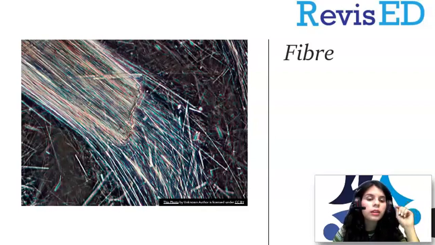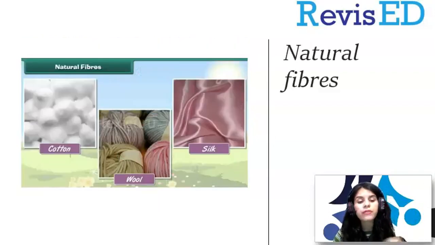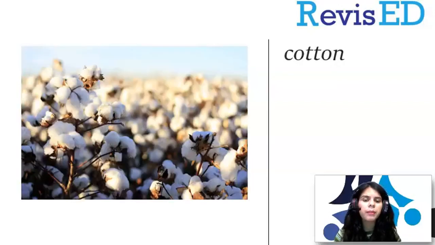Now, fibers have two types: natural fibers and synthetic fibers. What are natural fibers? Natural fibers are those we get from plants or animals, like cotton, wool, and silk. Cotton we get from a plant, wool we get from an animal, and silk we get from an animal. Cotton comes from the cotton plant, which you can see in the picture.